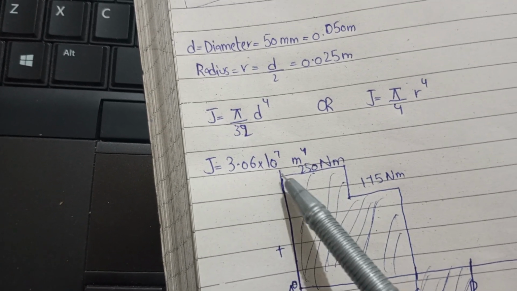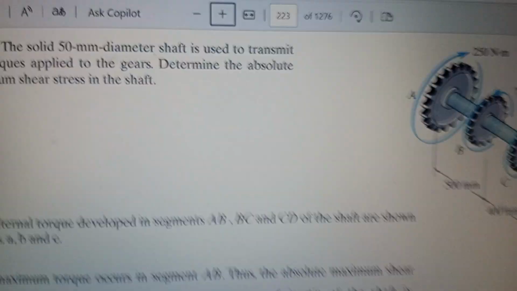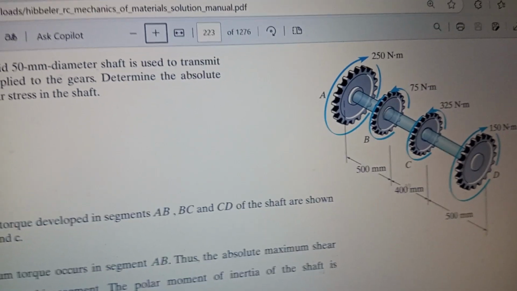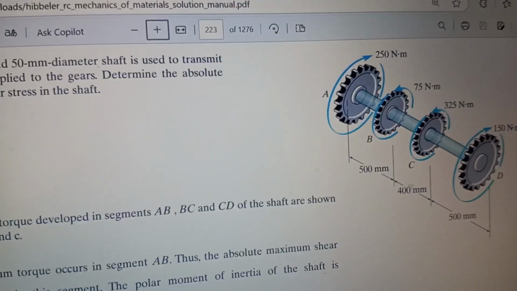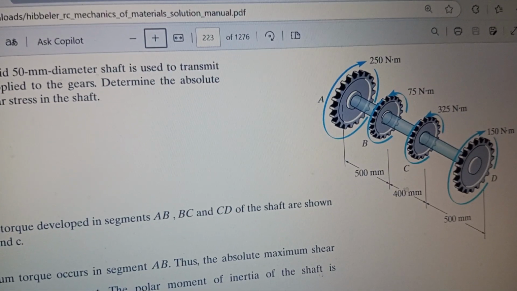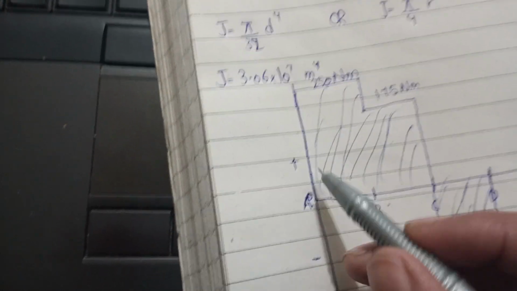It is also constant between 2 points. Now at point A, 250 Newton meter is given clockwise, so it is negative. So plus 250 Newton meter minus 250 Newton meter is equal to 0.